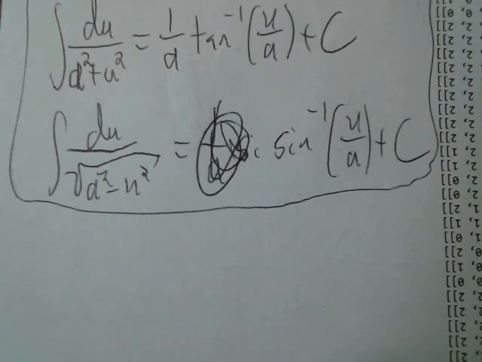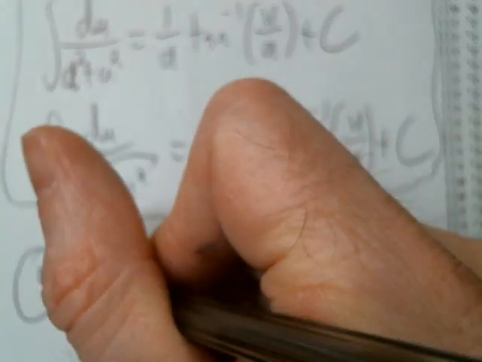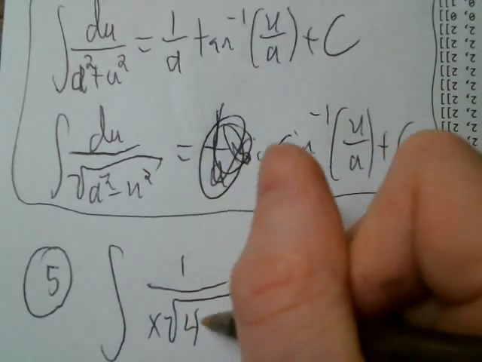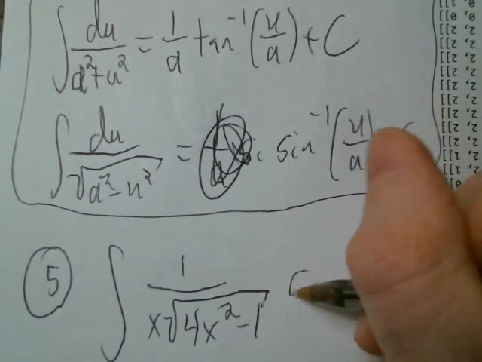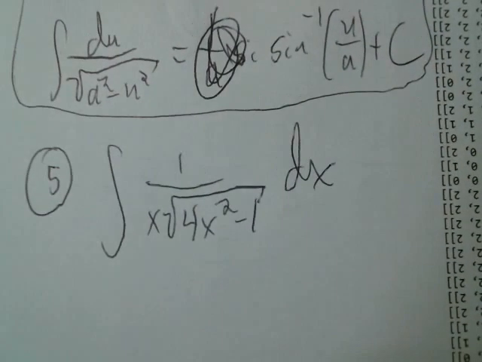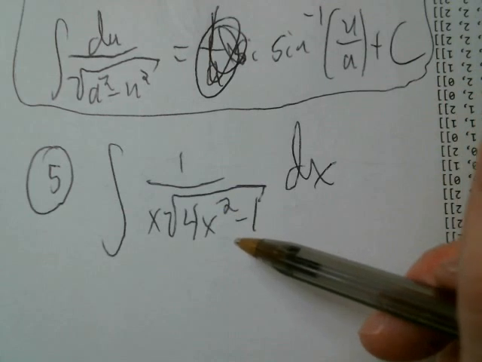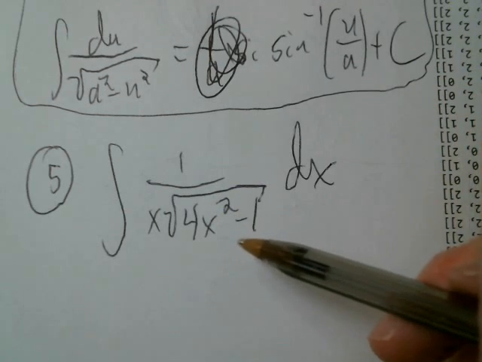Okay, so we're looking at questions 3 to 45? So let's try number 5, I guess. So we have the integral of 1 all over x times the square root of 4x squared minus 1 dx. Okay, so this time I'm not going to do my program. Well, maybe I should, right?